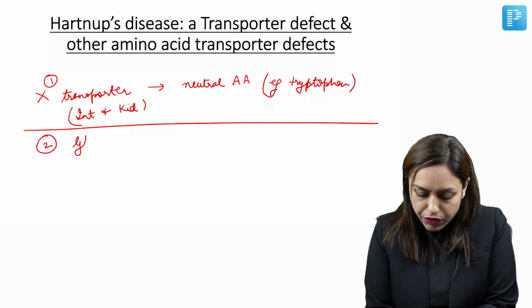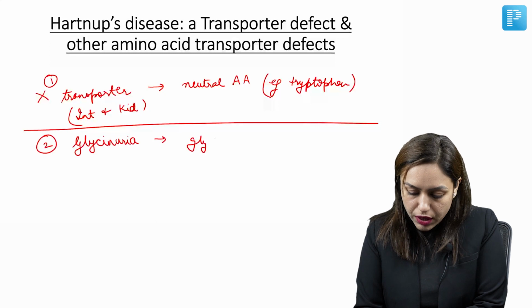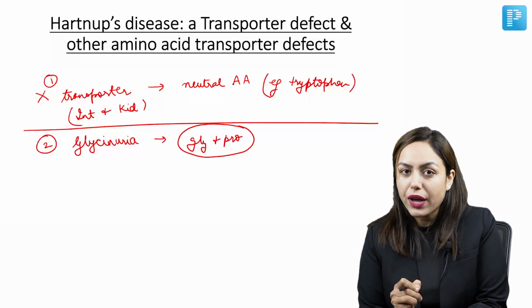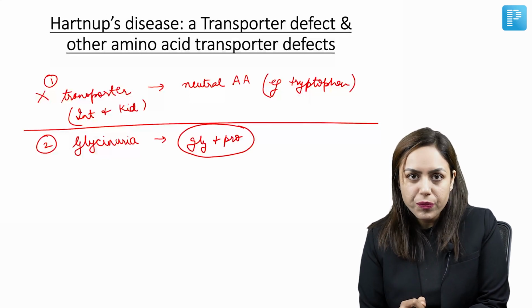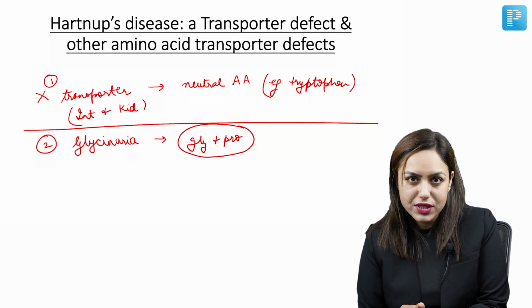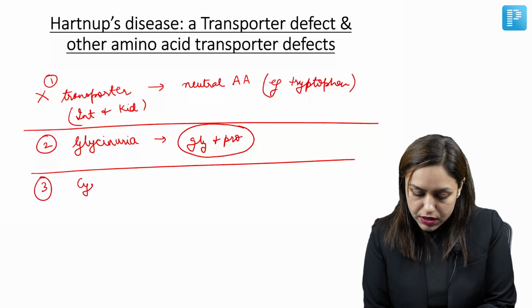Another transporter defect is glycinuria. This is a transporter for glycine and proline which is defective. That's why glycine is the main amino acid coming in urine here, without a corresponding rise in serum glycine levels. Then third is cystinuria.